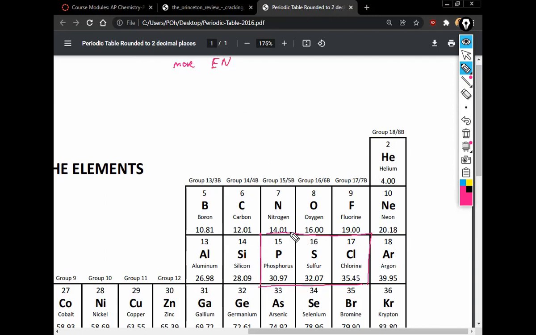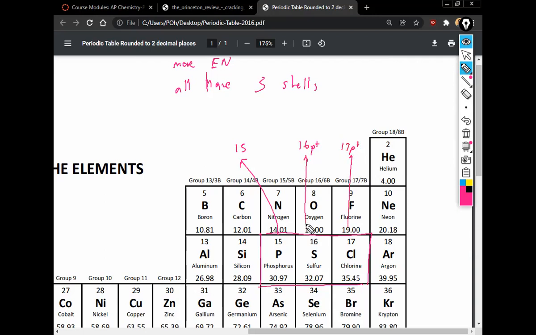Now we need to talk about all three of them as we talk about the electronegativity. The first thing you probably want to mention is that they have the same number of shells. How many shells? Yeah, 3 shells. However, how many protons does phosphorus have? 15. Sulfur is going to have 16 protons, and chlorine is going to have 17 protons.